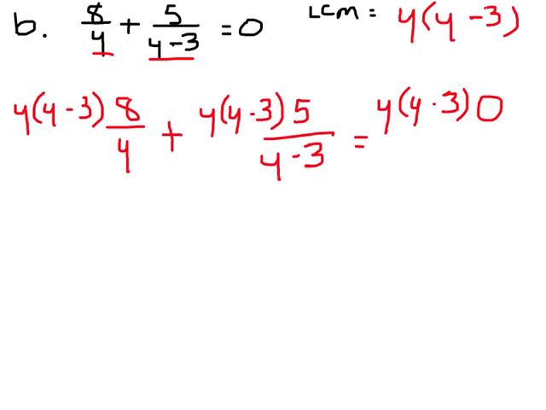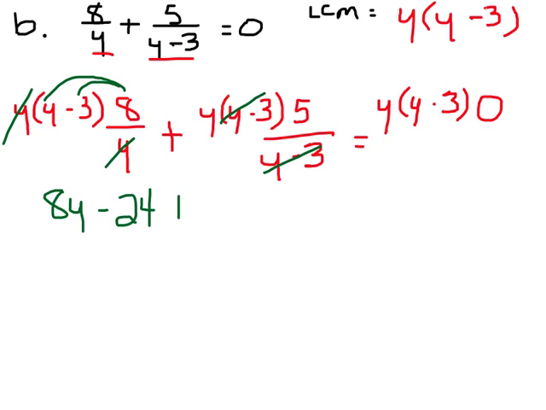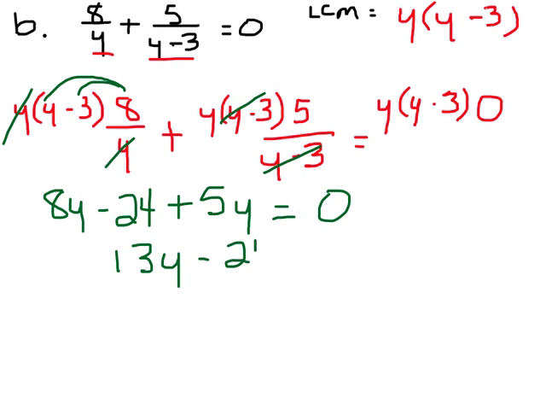Alright, when I start my cross canceling, I'm going to find this and this cancel out, and 8 is going to multiply by both of these, so I have 8y minus 24. This and this are canceling out, leaving me with plus 5y, and then equals 0. Now here I have like terms. 8y plus 5y is 13y minus 24 equals 0.